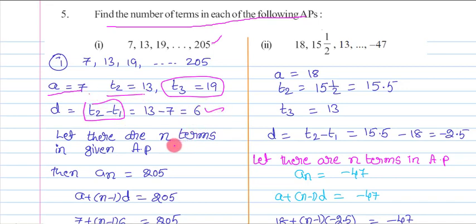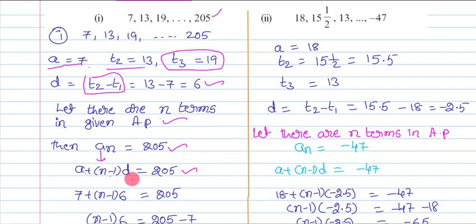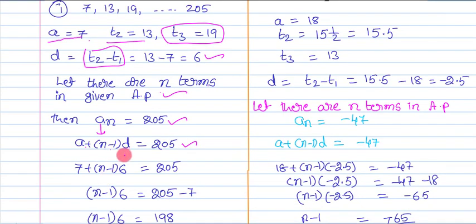And I am supposing that there are n terms in this AP. If there are n terms in this AP, then the last term will be a_n is equal to 205. So we know the nth term formula, that is a plus (n minus 1) into d is 205. In this, I am substituting a is equal to 7, d is equal to 6.